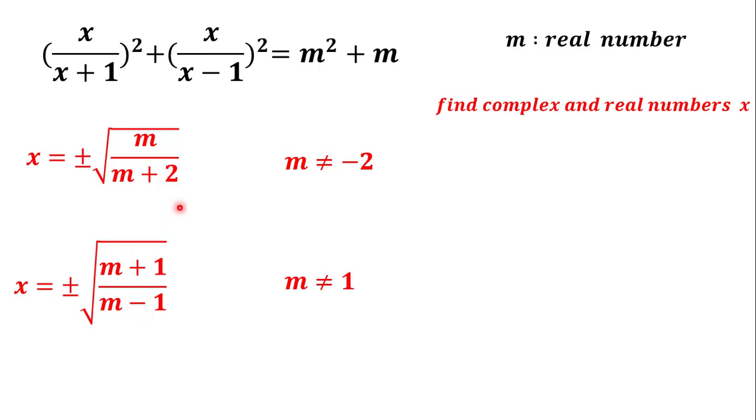The domain of this fraction is the set of all real numbers except minus 2 and 1. Notice that x can be complex or real roots, so the number under the radical can be negative or positive.